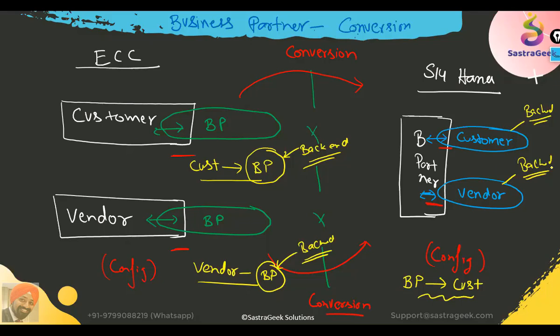So for the existing customer and vendor, there is a mass transaction available. With that mass transaction, after doing all the configuration, we'll link all the customers with the business partner, and we'll link all the vendors with the business partner. After that customization has been done, if a new customer is created, as soon as you save the customer, it will automatically create a business partner at the back end.